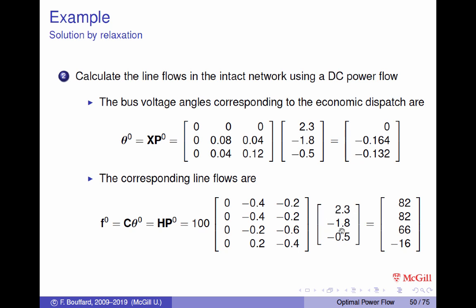So we have minus 180 megawatts, which in per unit would be minus 1.8. And then finally at node 3 we have 50 megawatts of demand, which we divide by 100, and this gives us the distribution of line flows on the 4 lines.